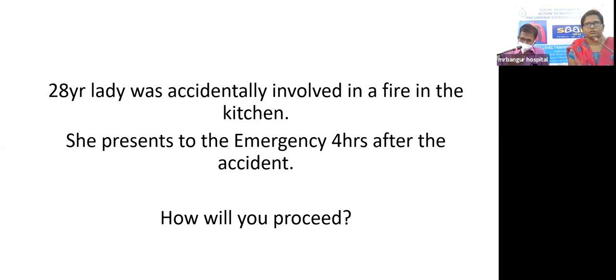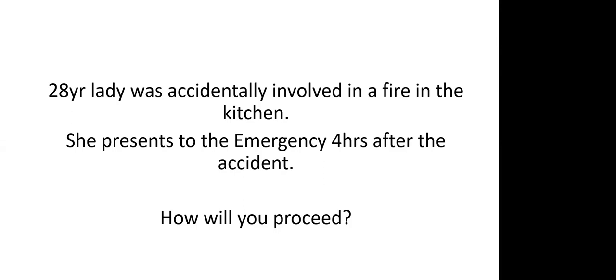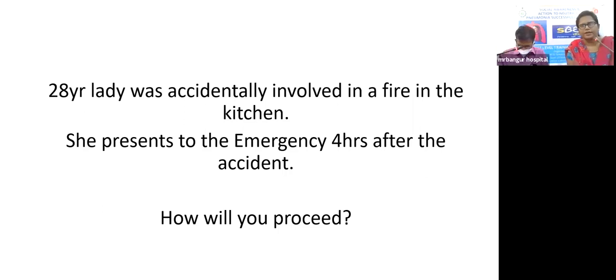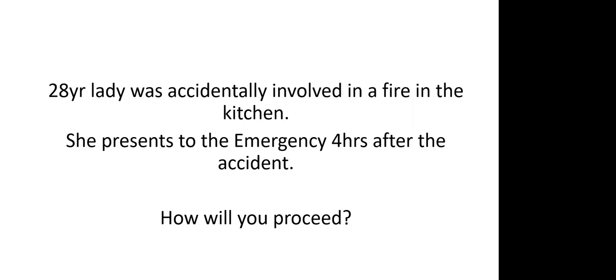resuscitation. For that, you need a wide bore IV access. What are the areas where you should try to start this line? Check for a non-burnt area for IV access. If it is not there, venesection or a central line can be done. Venesection should be avoided as far as possible.